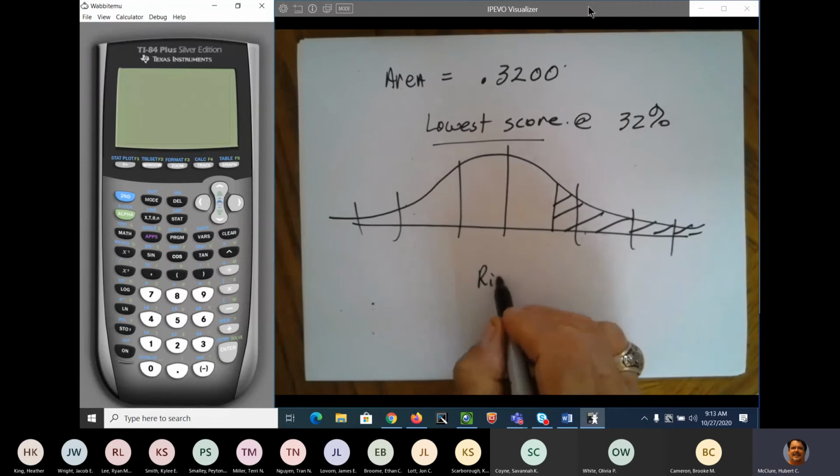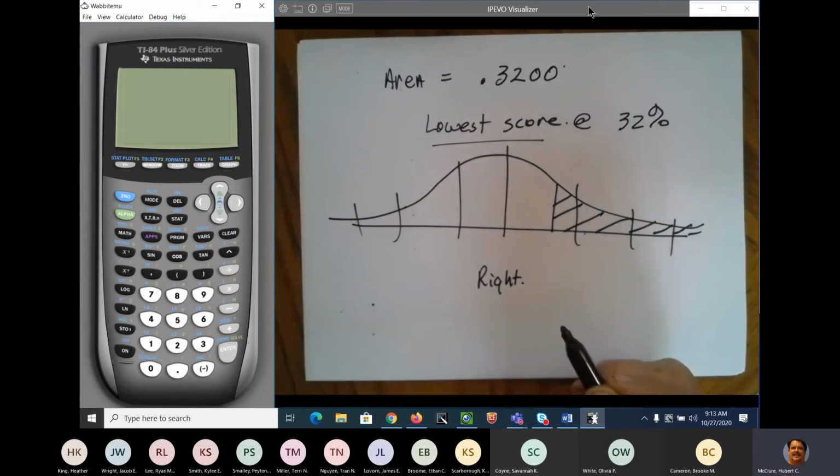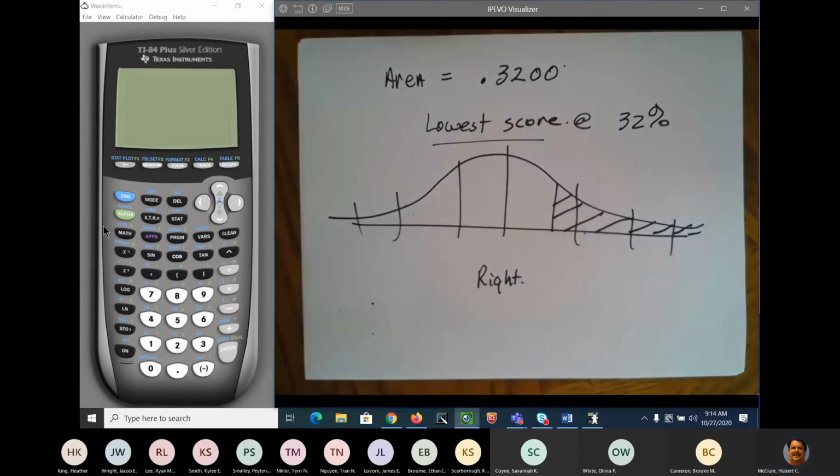You would type in second VARS, inverse norm, and you would type in 0.3200.